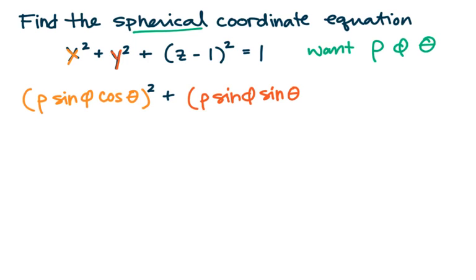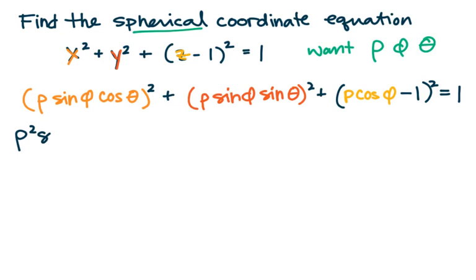So that would be also squared. And then we know what our z value is. We defined z as being rho cosine phi. So I've got rho cosine phi minus 1 squared equals 1. So I just performed all these direct substitutions. Now we just want to simplify this and clean it up.